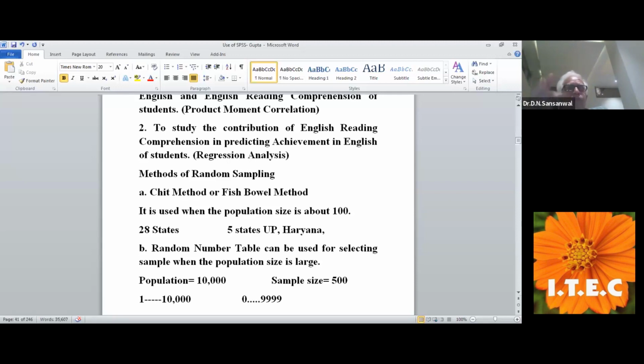If 5 appears 3 times, then 4 should appear 3 times, 3 should appear 3 times, 2, 1, 0 and 6 should each appear 3 times in each row and each column. Then such a table is called a random number table. I hope you have understood the concept of the random number table. Is the concept clear or not?